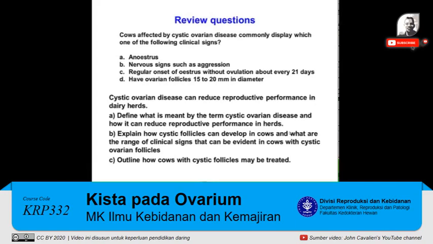At the end of that period, remove the CIDR, inject prostaglandin to induce luteolysis, allow the animal a couple of days for that growing follicle to get up to preovulatory size, and then force ovulate them with another injection of GnRH or HCG, and then artificially inseminate them approximately 16 hours after administering the drug to induce ovulation.